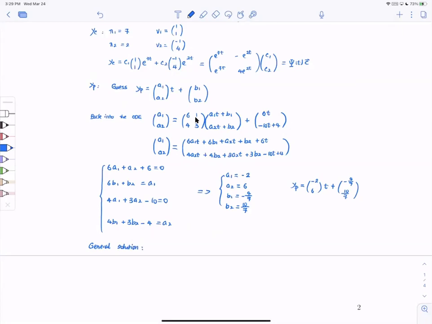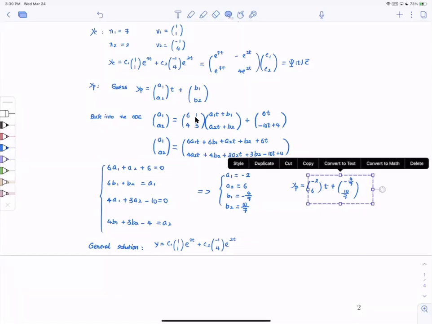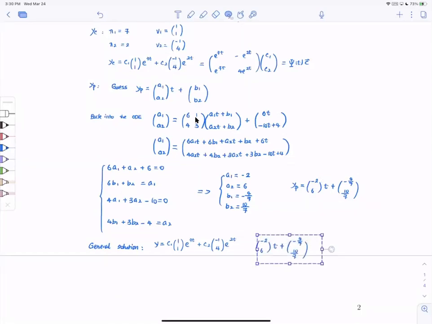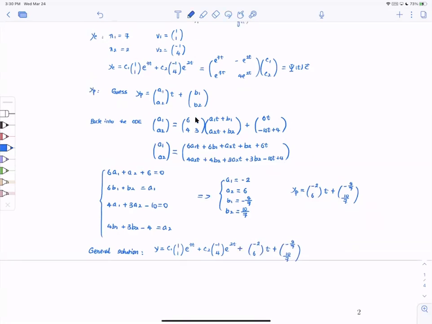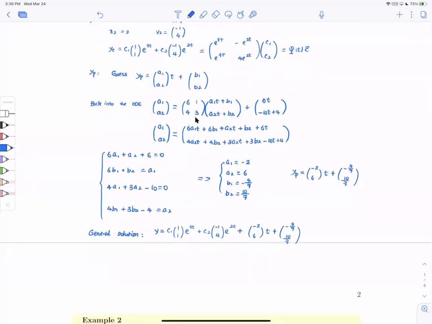So y equals this plus this. This is the final solution. It's pretty complicated.